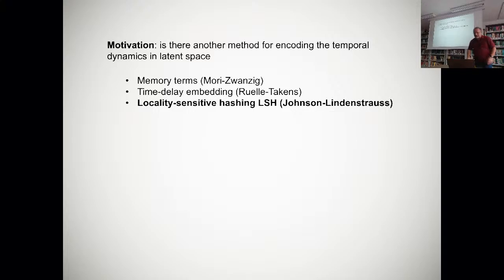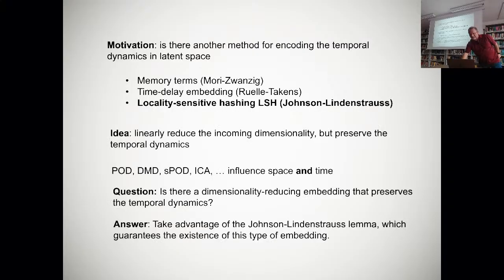So this one goes back to a very important theorem. Johnson-Lindenstrauss is the name of that theorem. The question is, is there a way of doing dimensionality reduction for a fluid system and embedding that preserves the local distance between all the snapshots the way I have it in my full uncompressed data matrix?